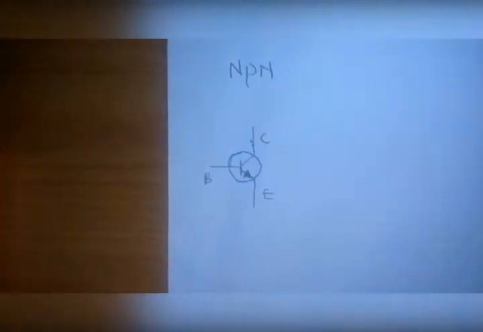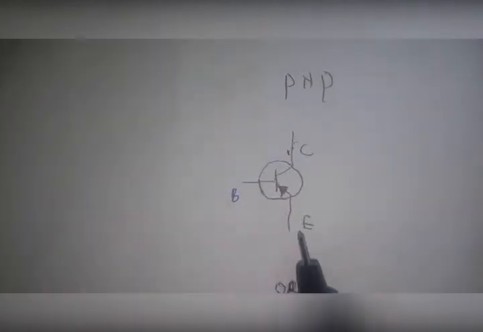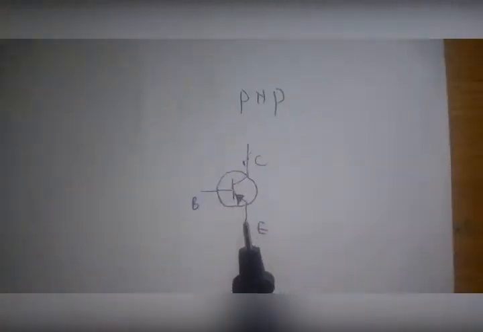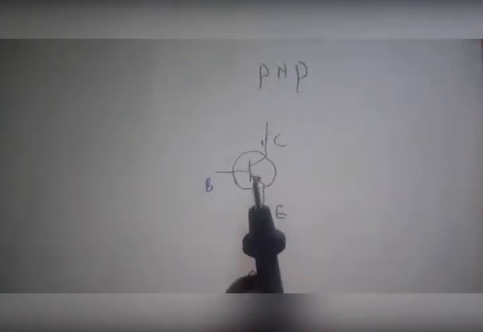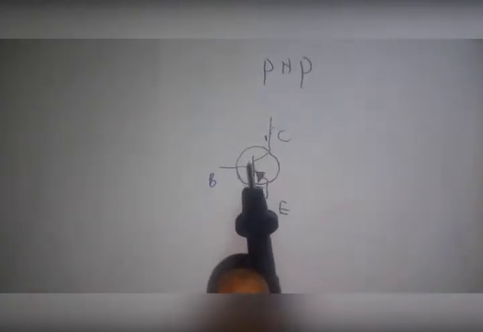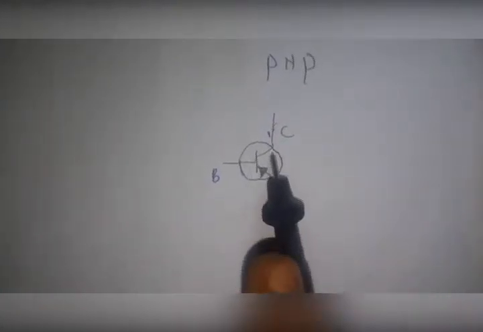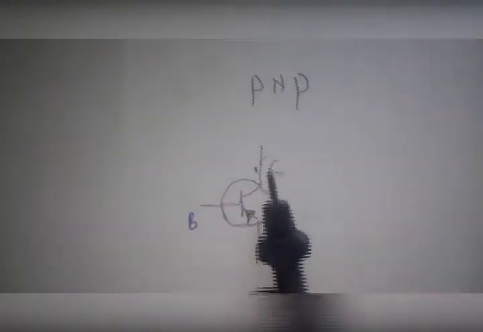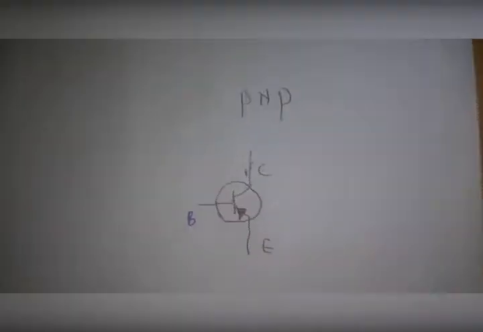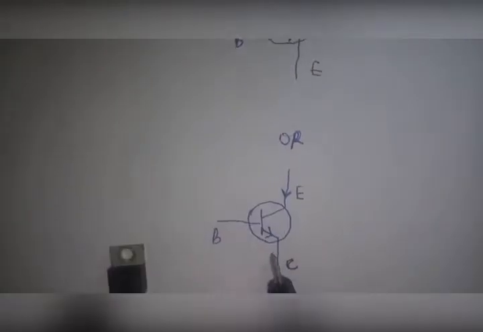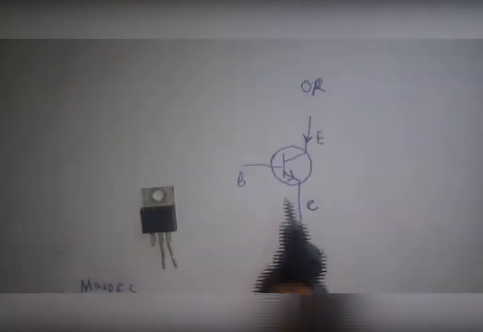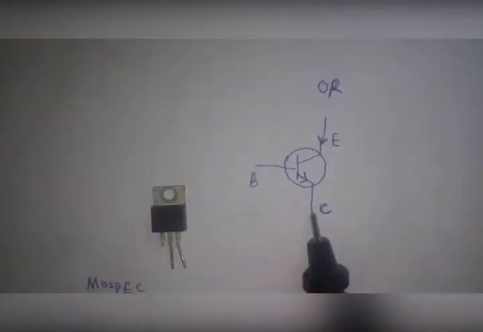It's the same way for the PNP, except that in the PNP transistor, the voltage will enter through the emitter, pass through the base, and go out through the collector. So this is another diagram to show the circuit diagram of a PNP transistor.